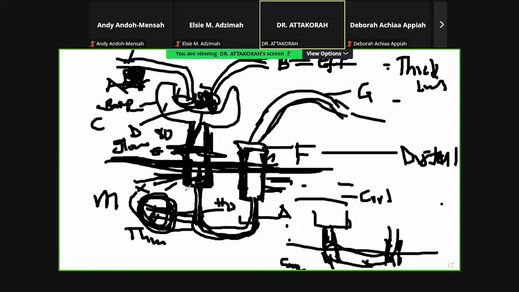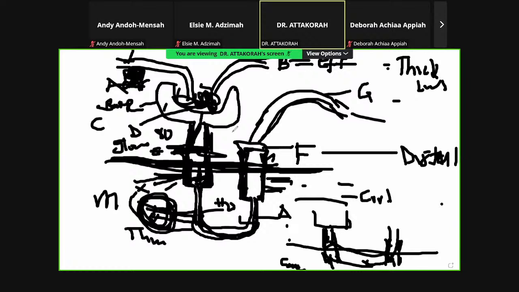We have these thick loops, and I'm saying all the time that what happens within the thick loops is the exchange of electrolytes. Thick loops are at the cortex, and thin loops are at the medulla.